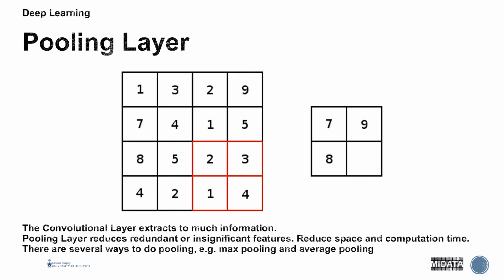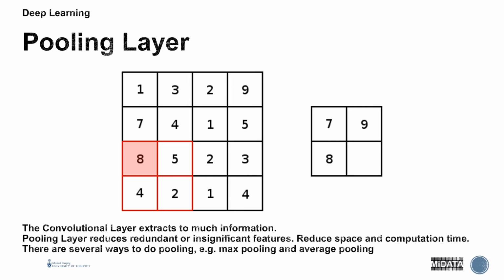Within the convolutional layer, you're going to be extracting information for each filter that you run over your images, and each filter will result in information. So the convolutional layer will extract a lot of information and typically will extract redundant or insignificant features.